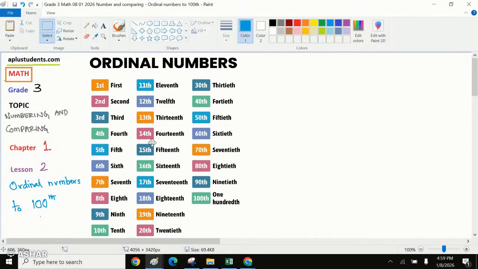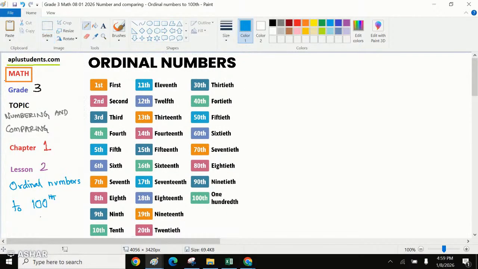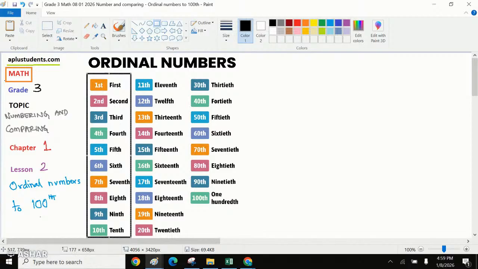Okay, these are the ordinal numbers. Let's look at the rules of ordinal numbers. The numbers from 1 till 10. For one, it is first, second, third, right? First, second, third is the same as it is.